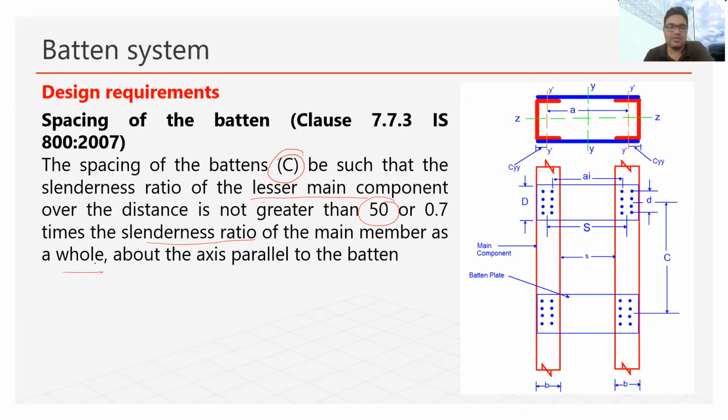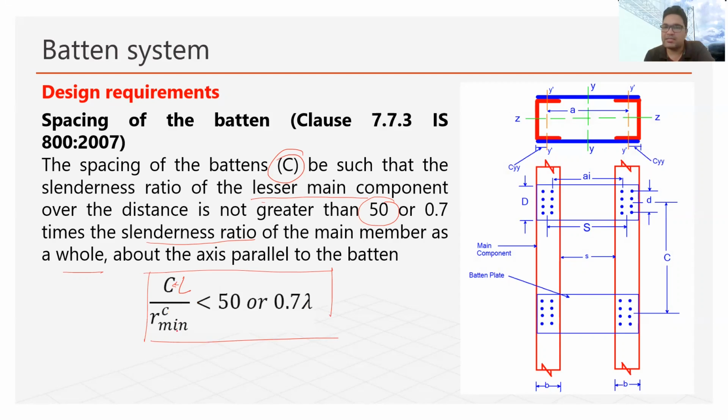So the same I have explained in the lacing system also. The same formula we are using here. In the lacing system, it was used L in place of C, but in this case, as we are discussing the batten system, L is replaced by the C. So the same formula we are using here also.